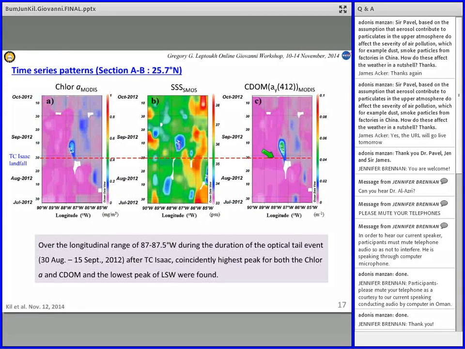So in the meantime, the lowest peak of the salinity after tropical cyclone Isaac was showing less than 34 PSU. Remember that I said less than 34 PSU is a very important indicator for the coastal sources. This appeared simultaneously with the highest peak of the CDOM absorption.